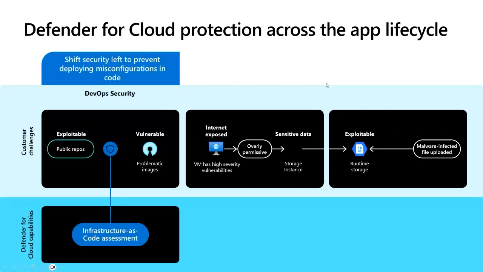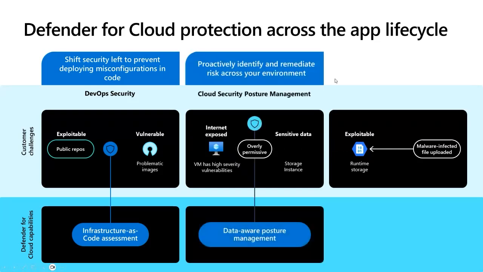With Defender for Cloud's capabilities, from the very start in DevOps security, we can prevent this misconfiguration. As developers are coding and provisioning infrastructure, we can identify that this VM was not properly configured, giving you early insight into this potential downstream vulnerability.